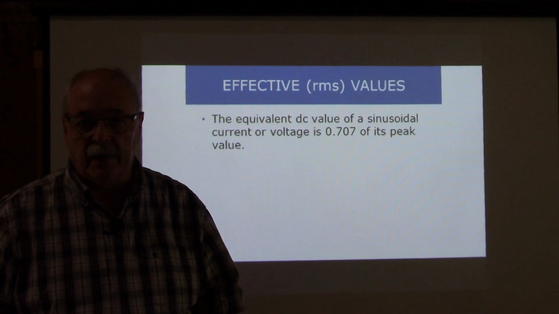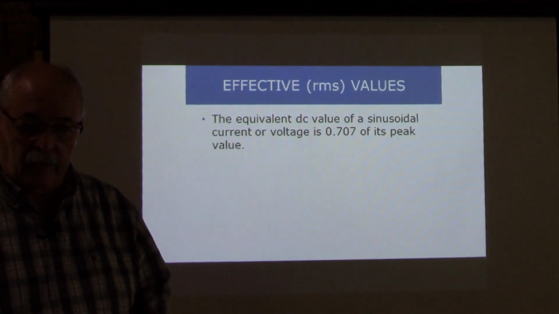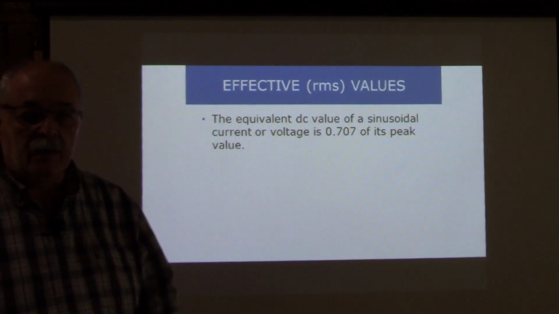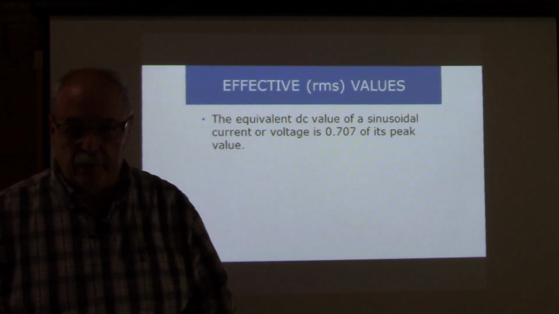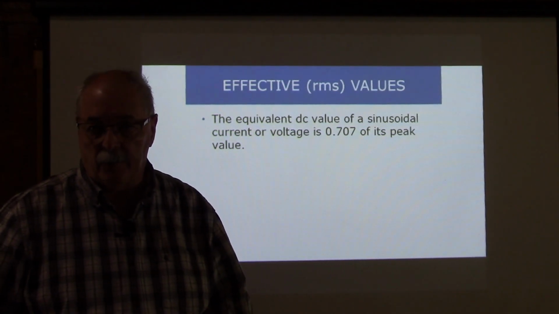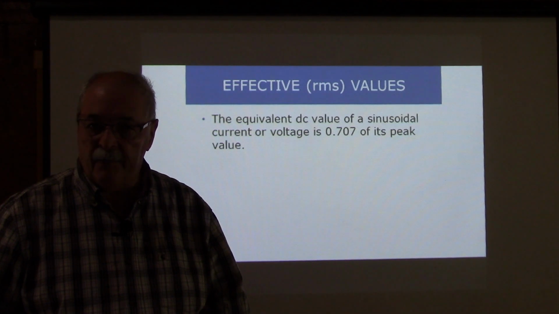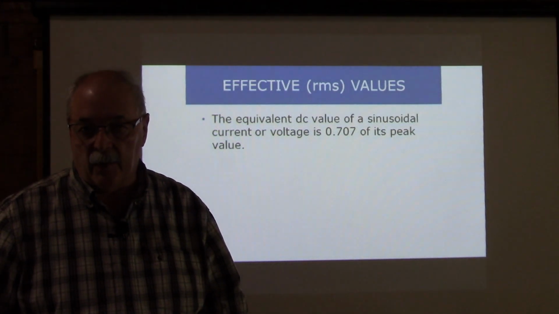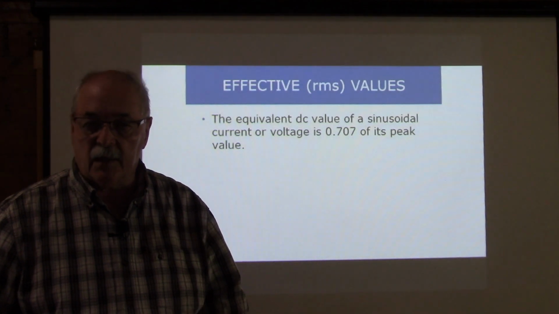So if you put your meter in the wall and measure 120 volts effective, and then look at that same output from the wall receptacle on your oscilloscope, you're going to see a peak value of 170 volts. The peak of that sine wave is going to be 170. So there's the correlation that goes back and forth.